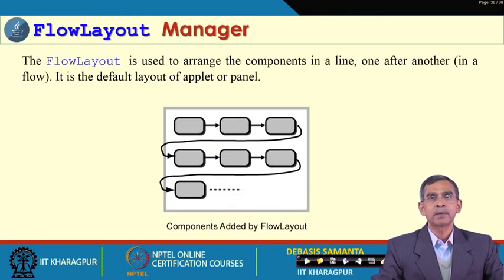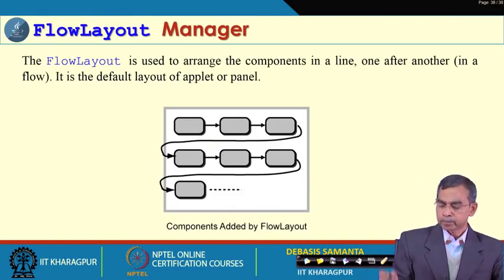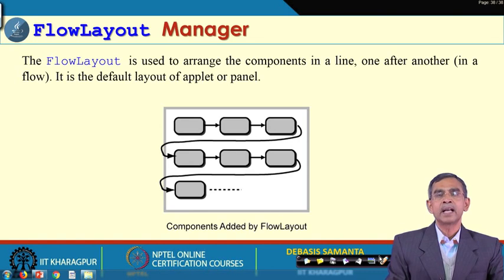So, what is the meaning of the flow layout manager? This manager helps the programmer to manage the different elements in the container. If you go on adding, how can they be added into the container?